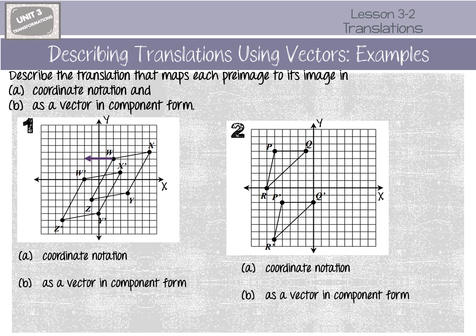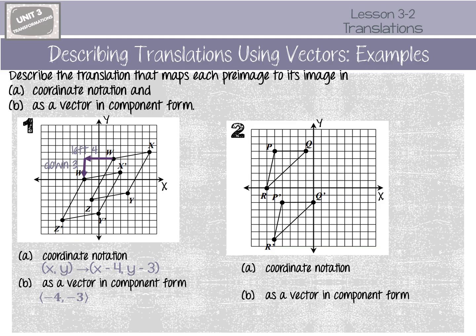Okay, so from W to W prime, we're going left 4, and then we're going down 3. So coordinate notation takes every point x, y to the point x minus 4, y minus 3, and as a vector in component form, that's negative 4, negative 3.